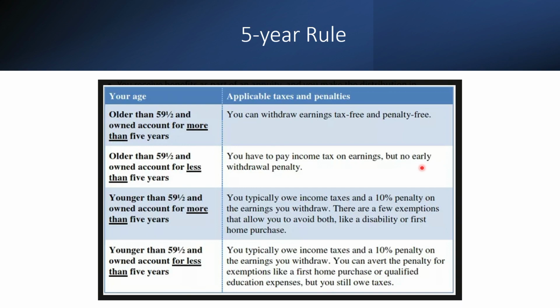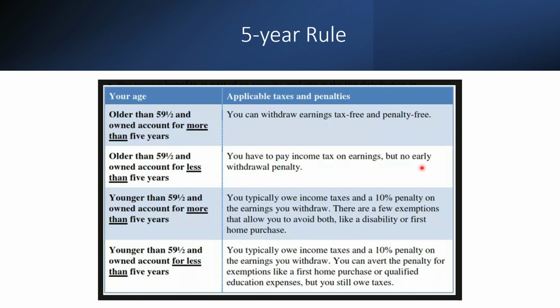So even though you're under 59 and a half, you can take out the principal on that account without paying the tax and without paying the 10% penalty. So there are some positives there that people can use. But once again, these accounts are typically used for long-term growth. It's the last money you want to touch, but knowing the rules is important.